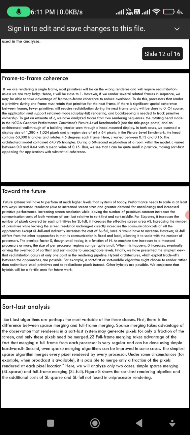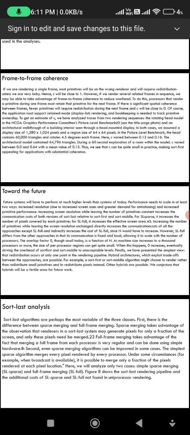Frame-to-frame coherence. If we are rendering a single frame, most primitives will be on the wrong renderer and will require redistribution unless we are very lucky, and C will be close to 1. However, if we render several related frames in sequence, we may be able to take advantage of frame-to-frame coherence to reduce overhead. To do this, processors that render a primitive during one frame must retain the primitive for the next frame.